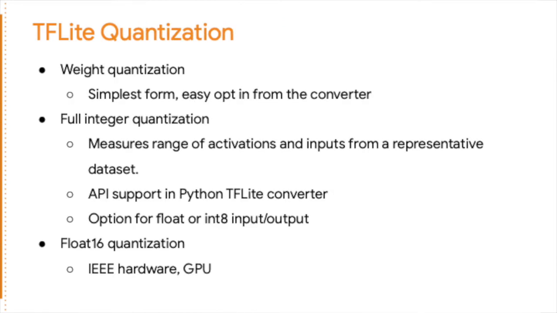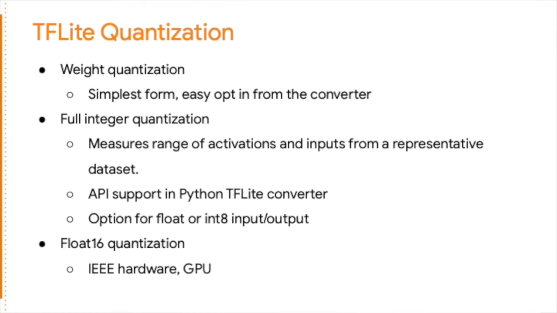So I mentioned the easiest way of doing quantization is you just say, hey, I want all my weights quantized, and you really don't have to do very much more. You get a file that is instantly pretty much 75% smaller than it was with float 32 weights.